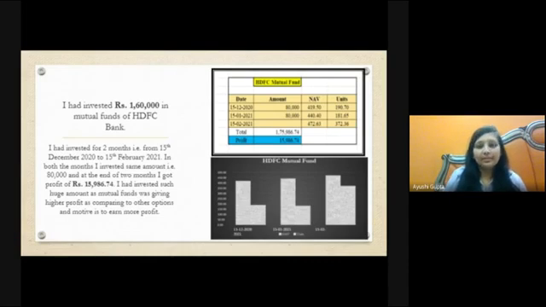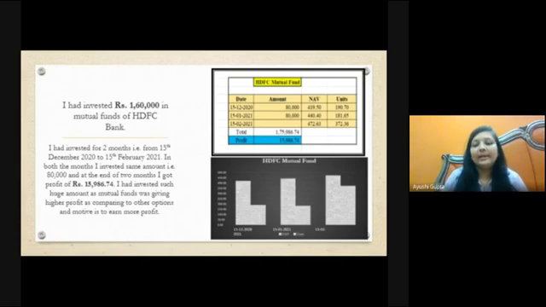So on 15 December 2020, the NAV of HDFC Bank was 419.50, and on January 15, 2021, the value was 440.40. I calculated the units by dividing the amount by the NAV value. So I got 190.70 and 181.65 respectively.